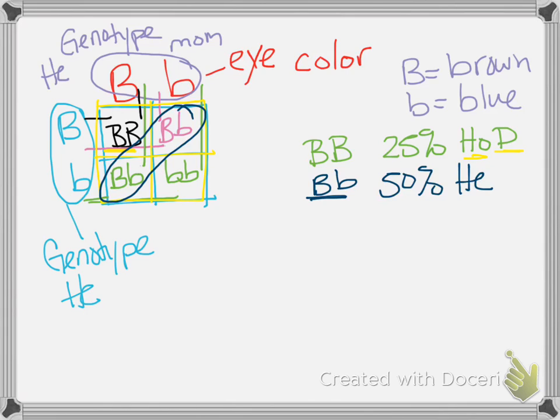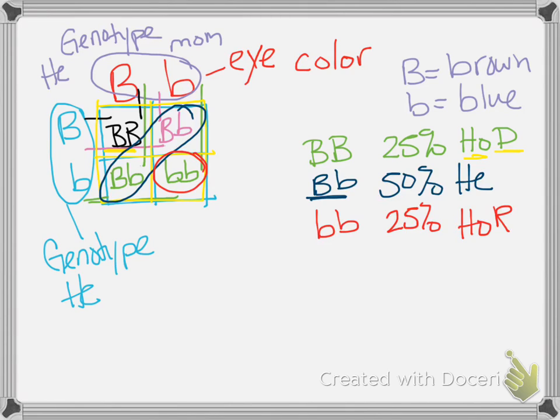And then in our final box down below, in the bottom right-hand corner, we have lowercase b, lowercase b, and so those are also homozygous, right? Because they're the same cased letters. But remember, lowercase letters are recessive, so this one would be HOR, and it's only 1 box, so it would be 25%. So that would be our percents.